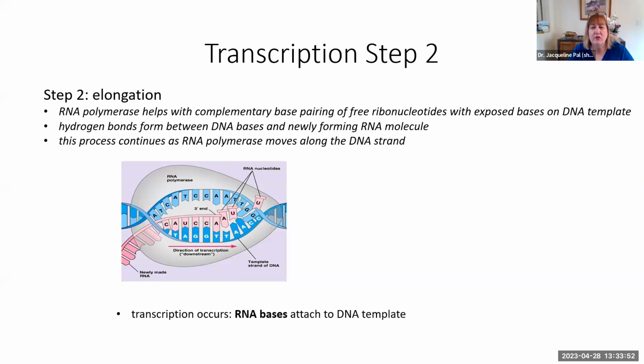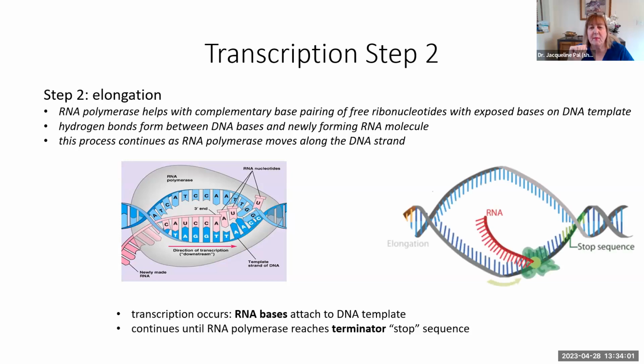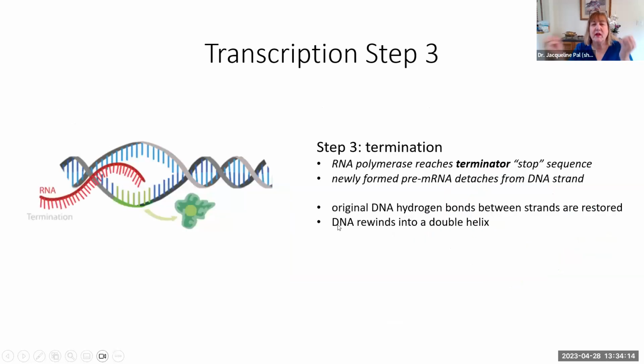And so when you're working on this part, don't forget it's RNA bases that are attaching to the DNA template. Okay? And this is going to continue until it gets to the stop sequence. And in this picture, that is shown as this green area of the DNA. And so once it hits the stop sequence, we are in the third step, which is called termination. We are stopping, okay?